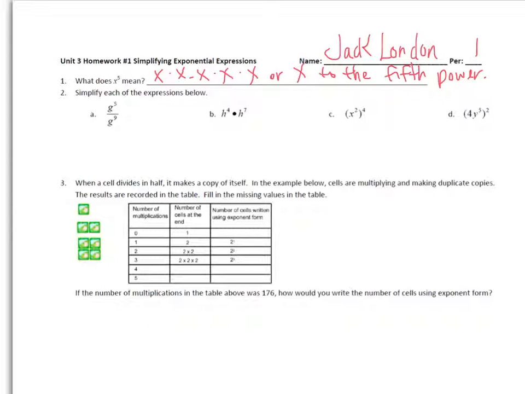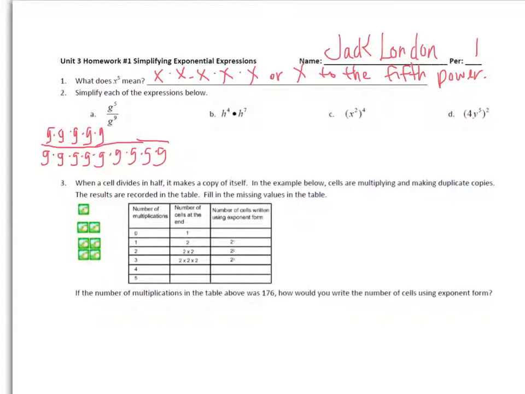Number 2 says simplify each of the expressions below. Our first one, A, has g to the fifth over g to the ninth. I want to remind you that g to the fifth means g times g times g times g times g, over g times g times g times g times g, until you have 9.